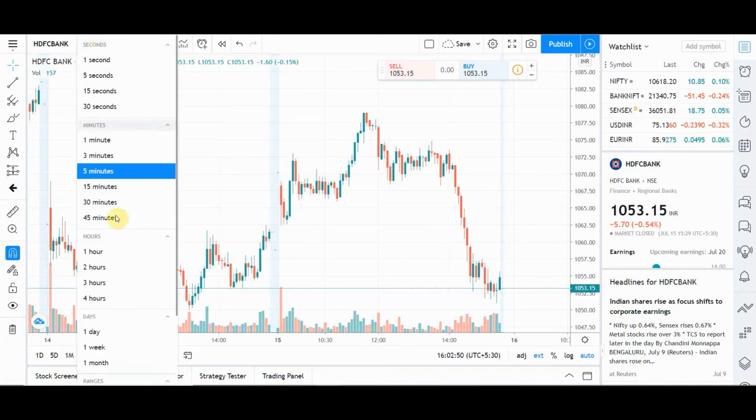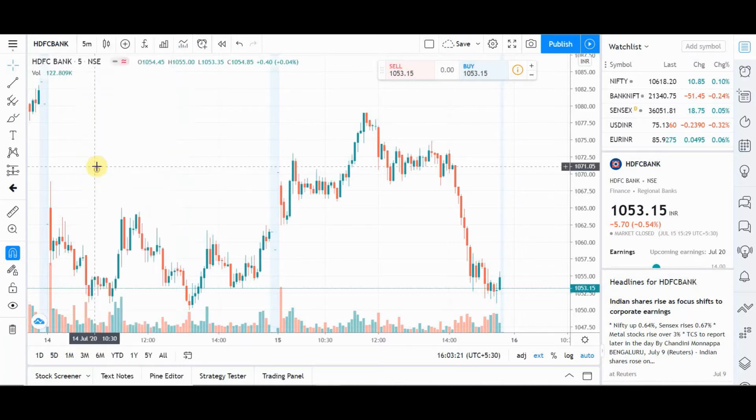You can change into different time intervals. This chart provides different time intervals than your broker. Some of you are using Upstox, Angel Broking, Alice Blue. It's very different because TradingView provides different time intervals, 3 hours, 4 hours, 2 hours. All are very easy and very useful for technical analysis.